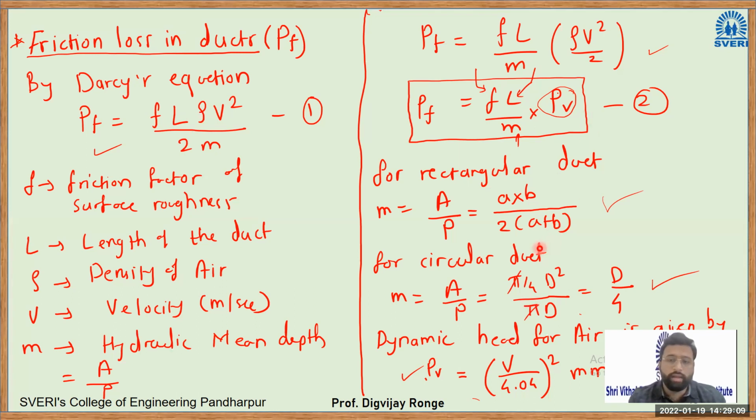And then in the second case, for a circular duct, what will be the hydraulic mean depth? It will be area divided by perimeter. This will be area of the circle, pi by 4 d square, divided by perimeter, pi into d. So this will give you d by 4. So if you put this value into this equation, you will get the frictional pressure values.